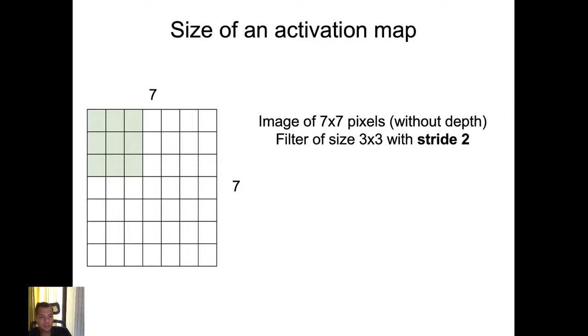The stride means that we jump with a fixed number of pixels. Stride 2 means that we jump over 2 pixels. So we apply the filter here, we jump 2, we apply it here, we jump 2, and we apply it here. In this case, the output will be 3 by 3.